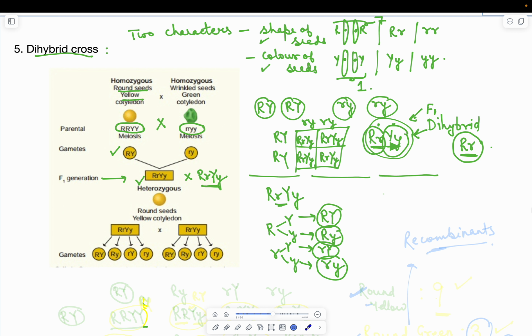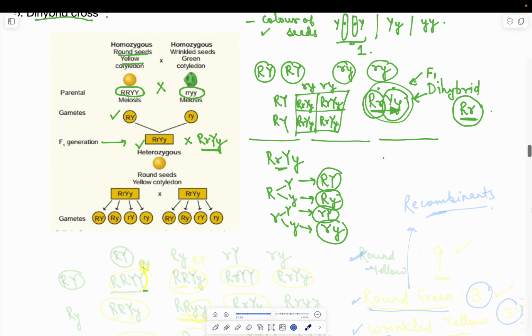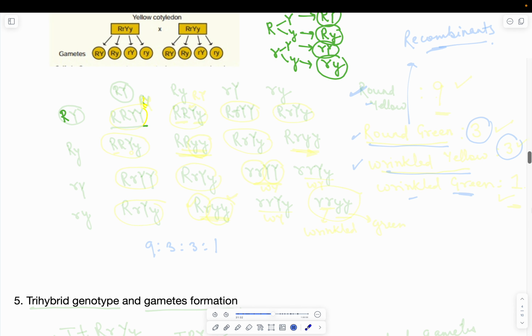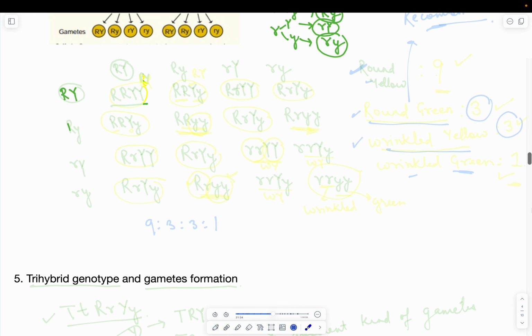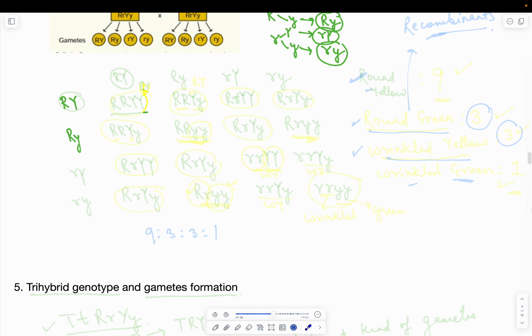So now we will draw the Punnett square, right? It will be a Punnett square with 16 boxes, so there are 16 possibilities. You'll write the female gametes on this side and the male gametes on the upper side.